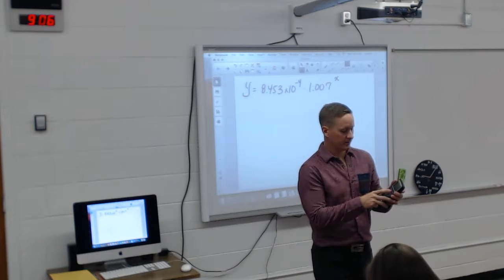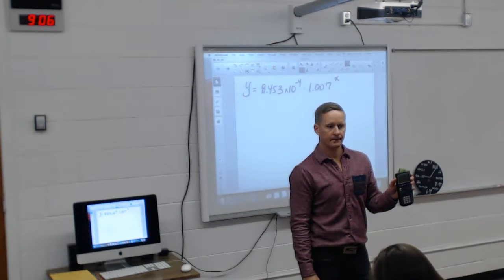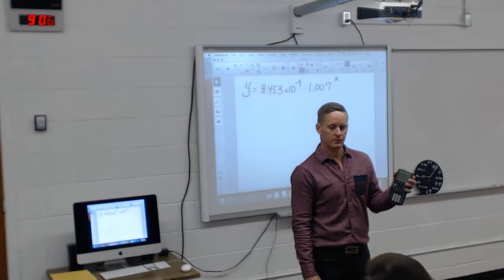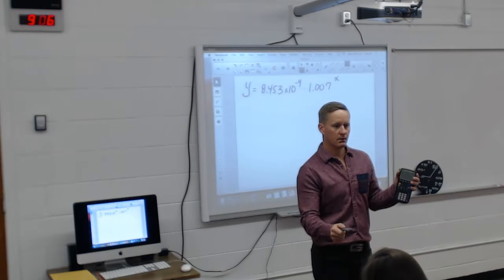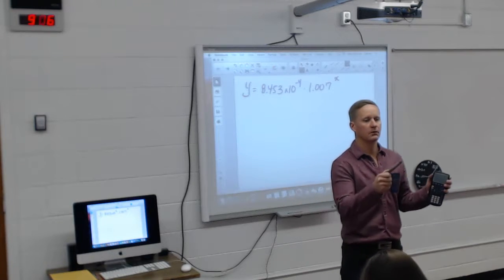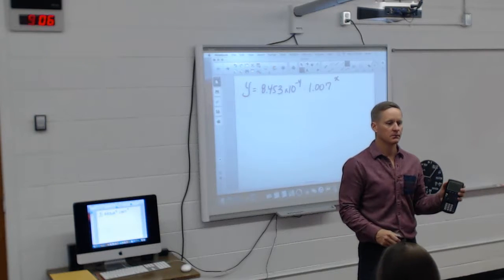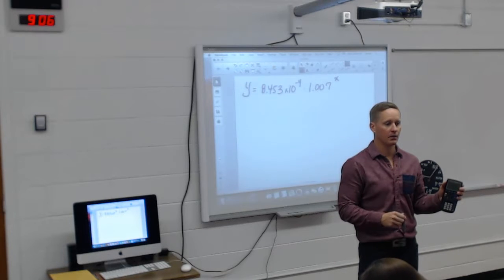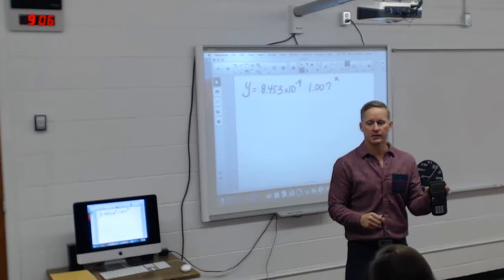Now I'm gonna graph. So of course it's not gonna graph, right? So now what? Go to y equals, go to the stat plot at the top and turn it on. Okay? So what do I do now when it doesn't graph?